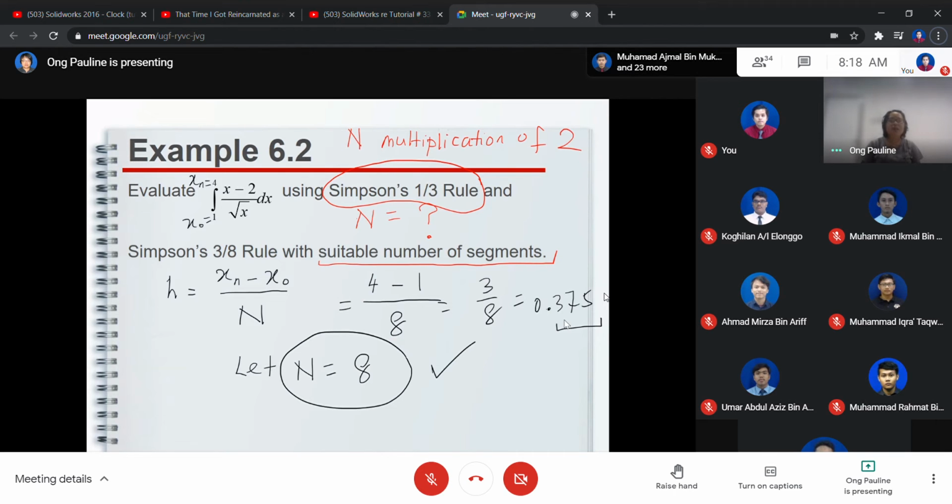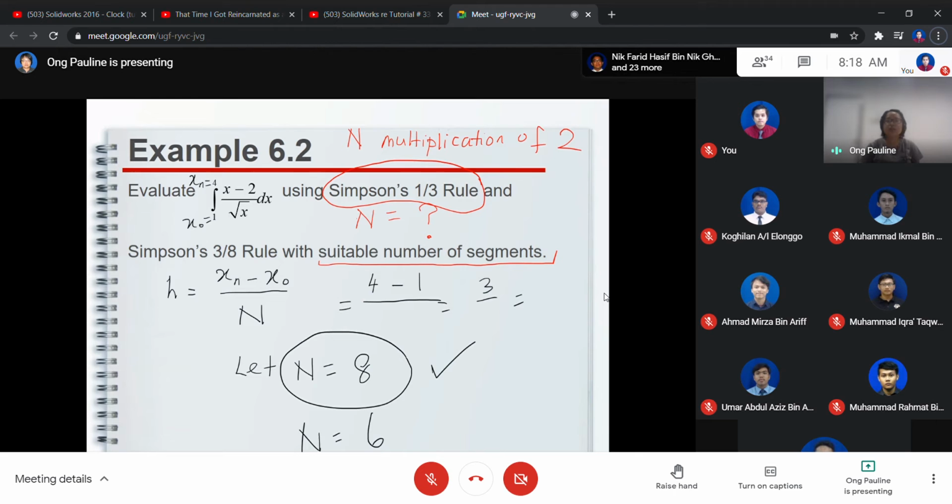So how about, let's say we choose N equal to 6?